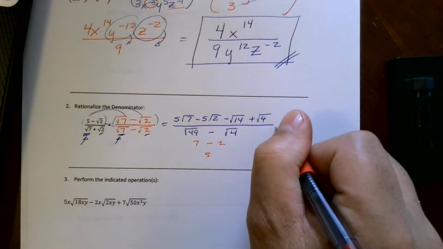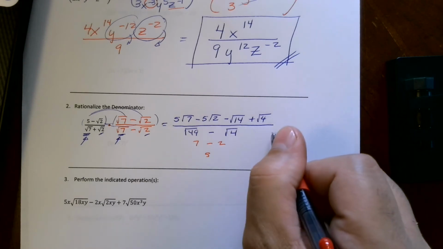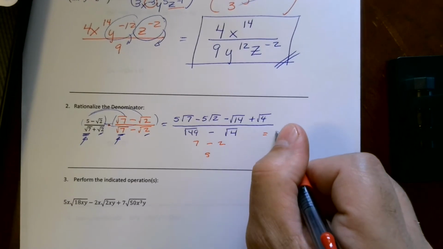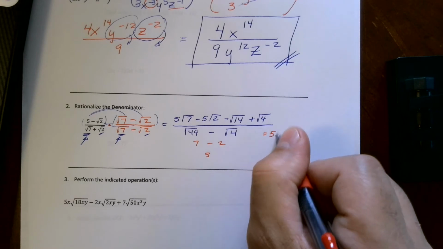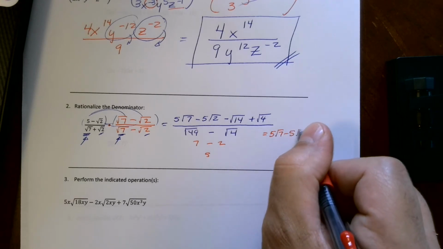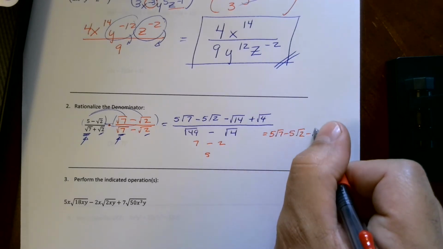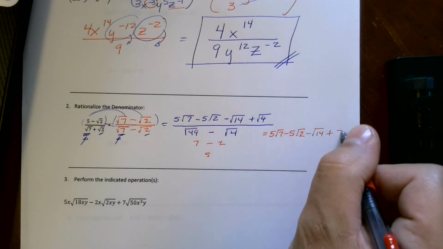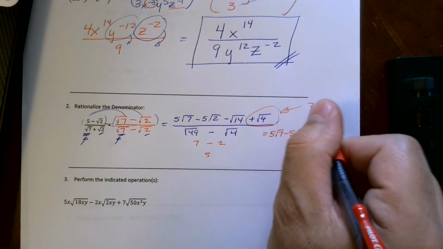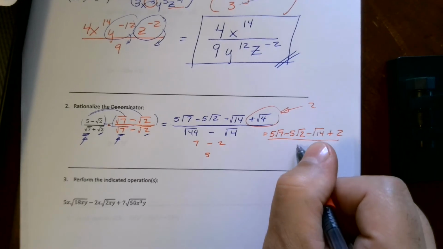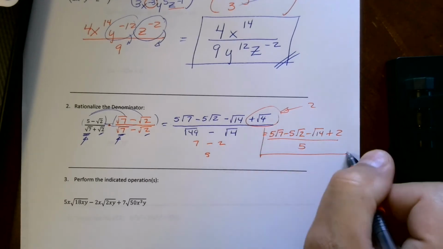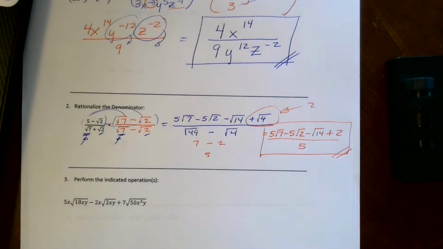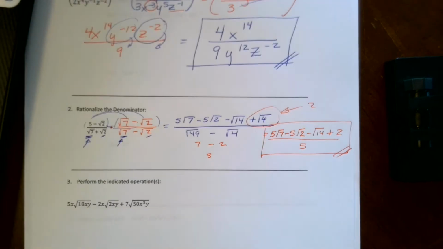My final answer, I'm trying to save some space here, is going to be 5 rad 7 minus 5 rad 2 minus rad 14 plus 2, square root of 4 is 2, all over 5. I believe that to be the answer.